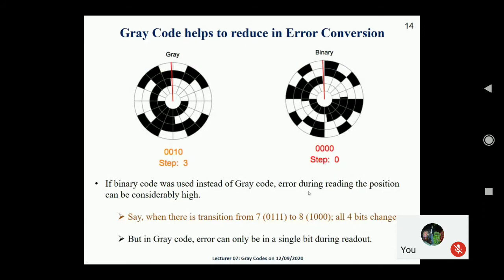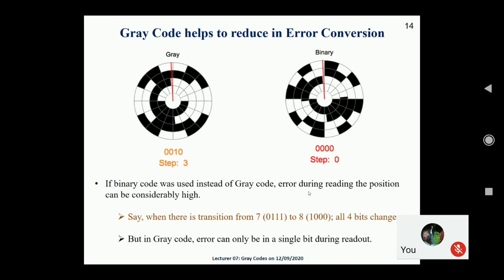Whenever only one bit position is different, we automatically understand that there is some error. So we are not scanning all the bits one by one, because when we use the gray code, the properties of gray codes allow us to check only one bit position that is different. Based on that property, we can easily check. That means we can reduce the errors.